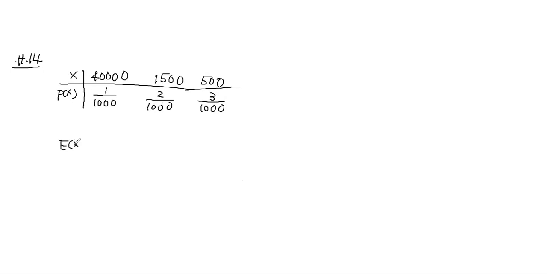So what you expect to win will be 40,000 times 1/1,000 plus 1,500 times 2/1,000 plus 500 times 3/1,000. All right, so let's take a look at what we have: 40,000 plus 3,000 plus 1,500 divided by 1,000.